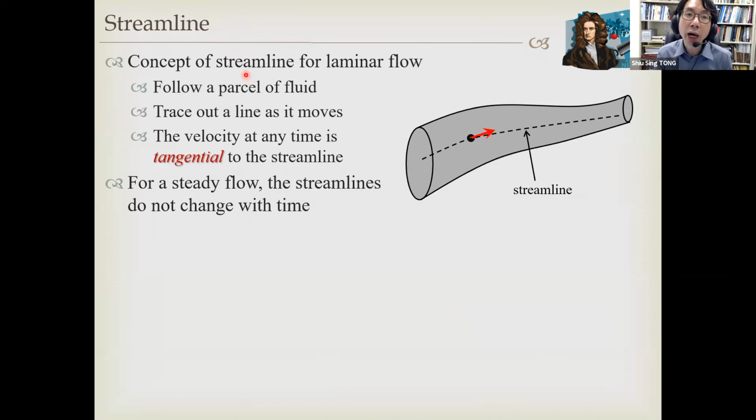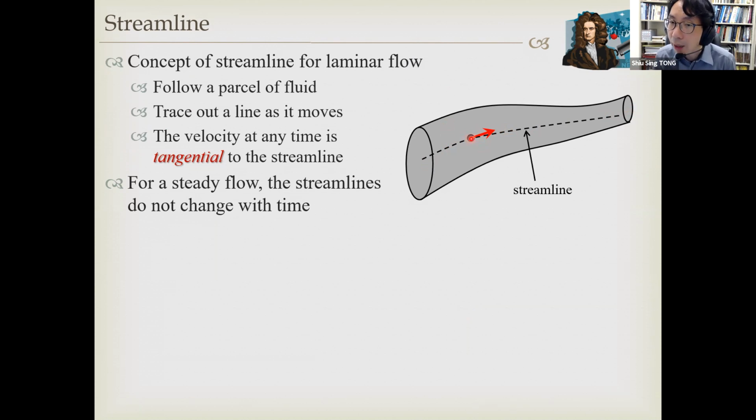And for ideal fluid flow, I have the concept of a streamline for laminar flow. Now, what is a streamline? A streamline is a trajectory of a parcel of fluid inside the fluid. Suppose I am together with a parcel of fluid here.